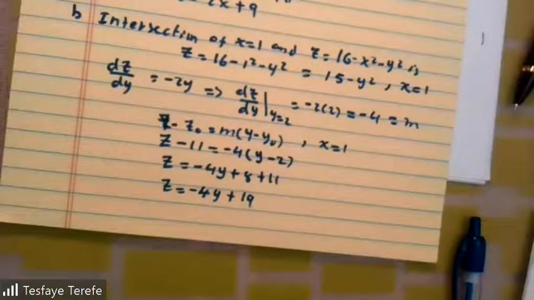Similarly, by making the x value constant, x equal to 1, parallel to the y-axis, this blue curve is created because the plane x equals 1 cuts the circular paraboloid, creating this parabola which is open downward, and the tangent line is the red line. That is what it means. Do you guys get the geometrical interpretation? Does it make sense?